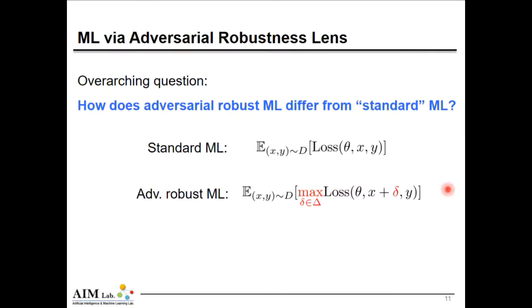On the mathematical level, all that we are trying to compare is these two fields. Standard machine learning tries to minimize the risk, and adversarially robust machine learning tries to minimize the risk for adversarial examples. What changes when we move from standard machine learning to adversarially robust machine learning?